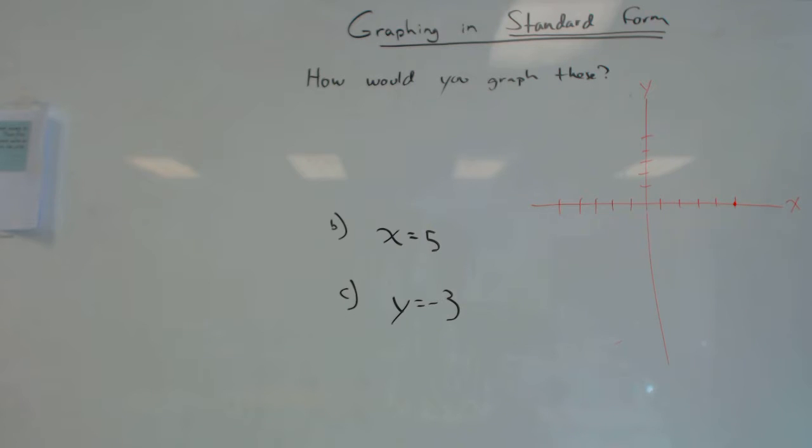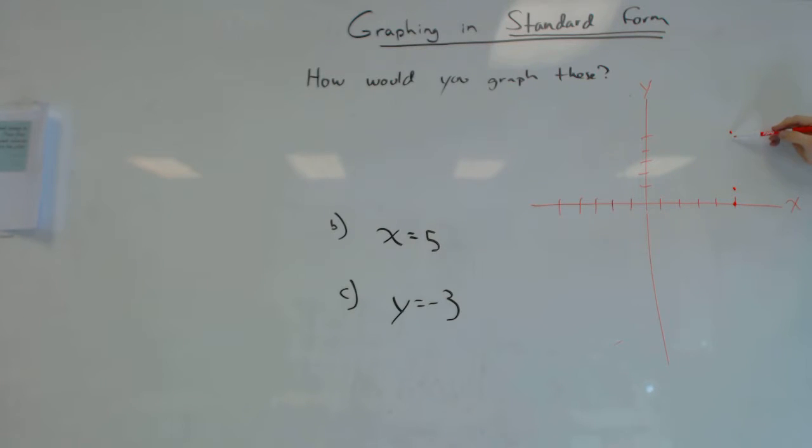Are you saying that right here, x equals 5? Yeah. What's this point? It's 5 comma 1. Wait, what about up here? Yeah. What point is that?